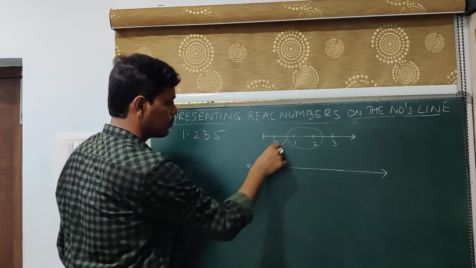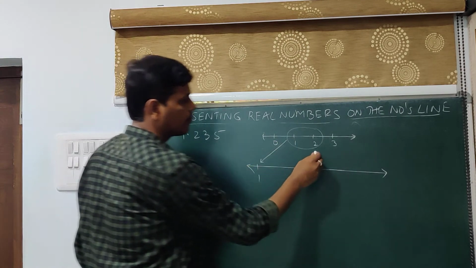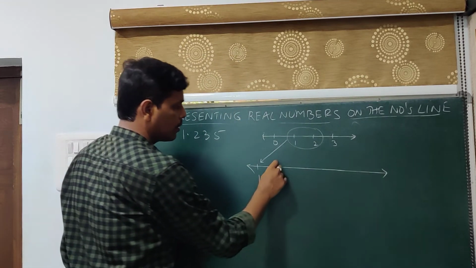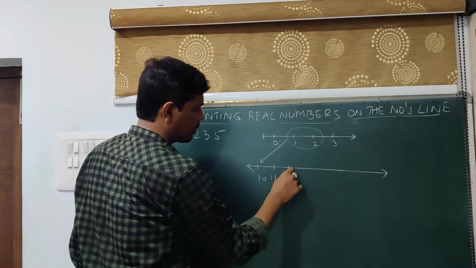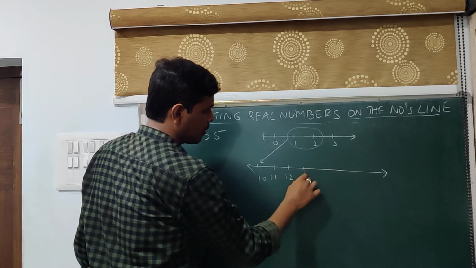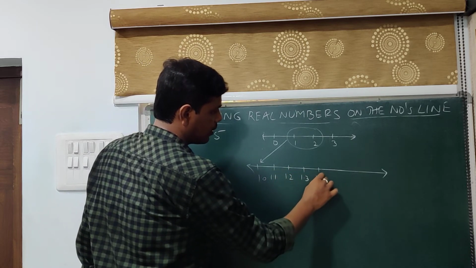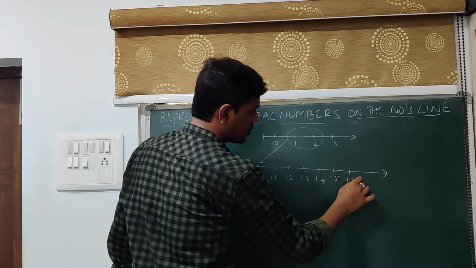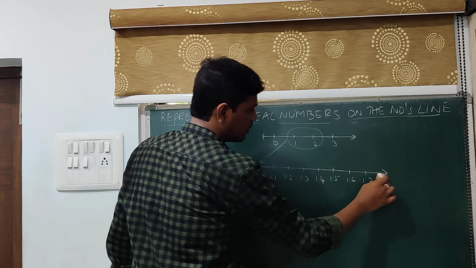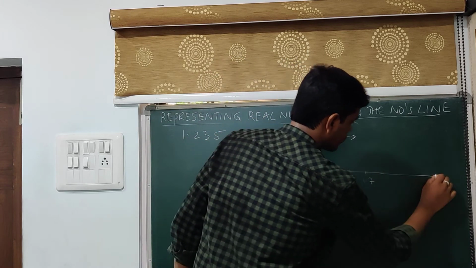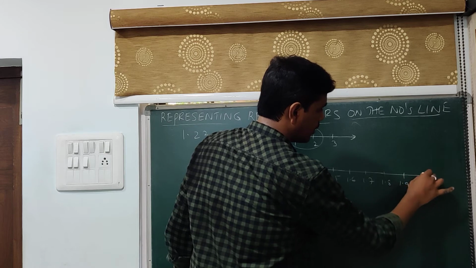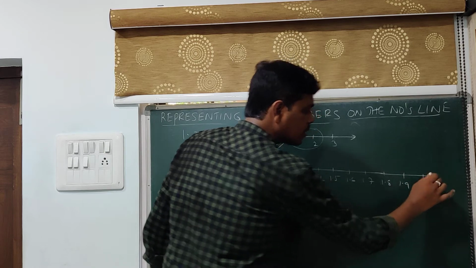So this is what I am doing. This is 1, in the sense it is 1.0. Next 1.1, 1.2, 1.3, 1.4, 1.5, 1.6, 1.7, 1.8, 1.9, 2 or 2.0, both are same.